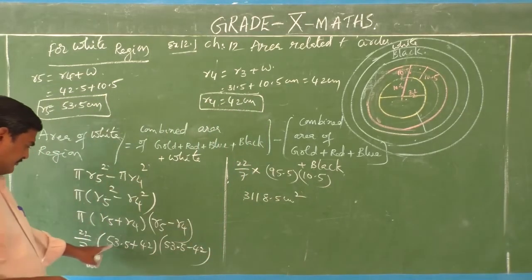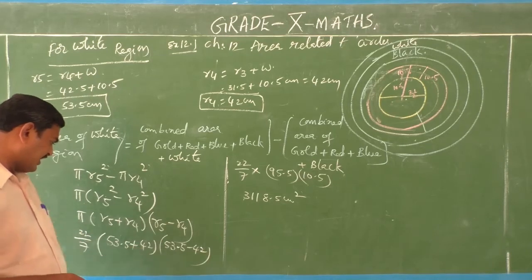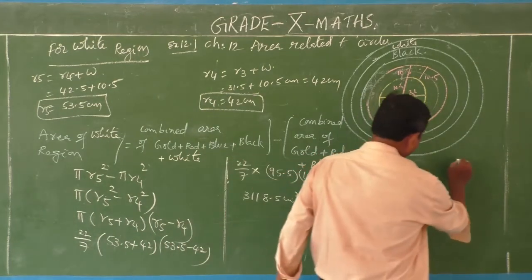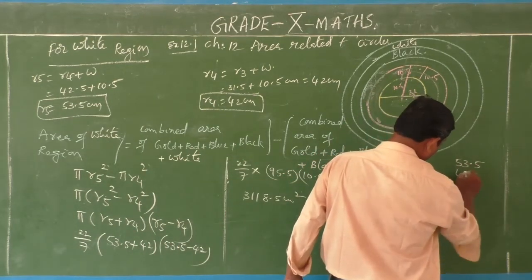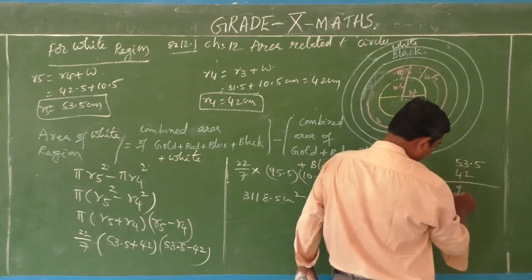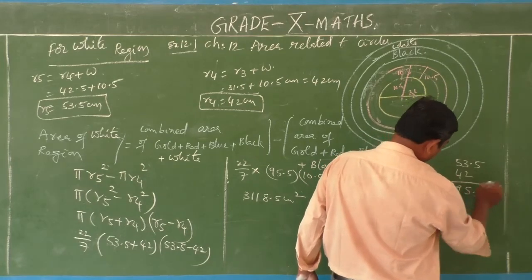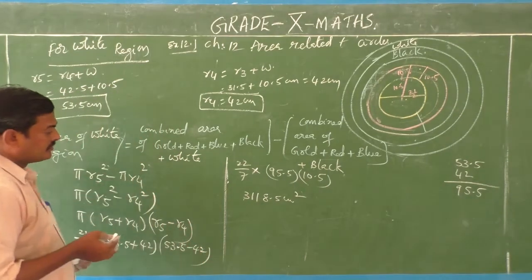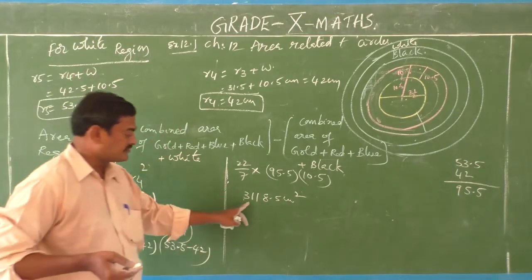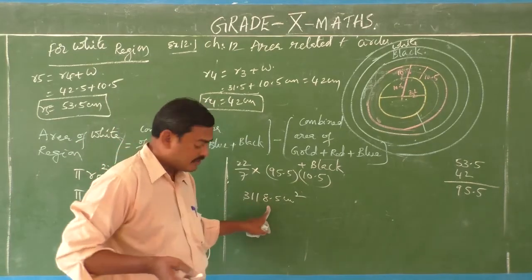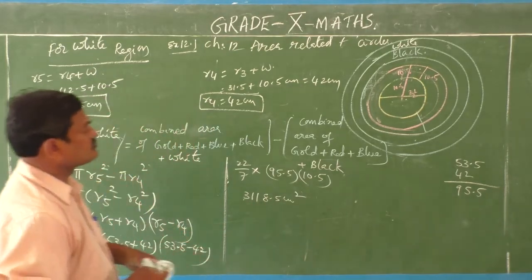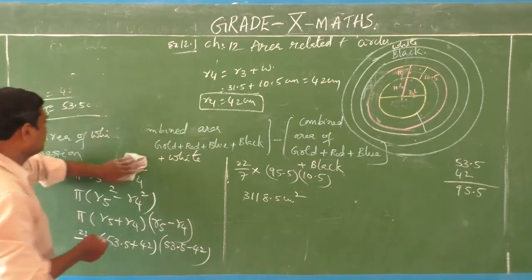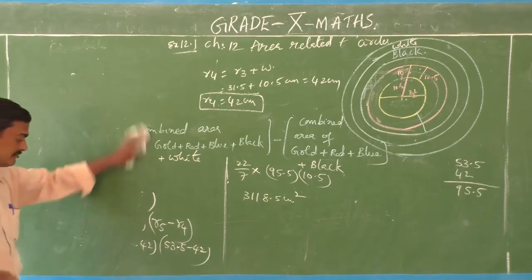So here 53.5 plus 42, 95.5. Now we get the answer for white region, 3180.5 centimeter square. So like this we write all the different regions with different scoring marks.